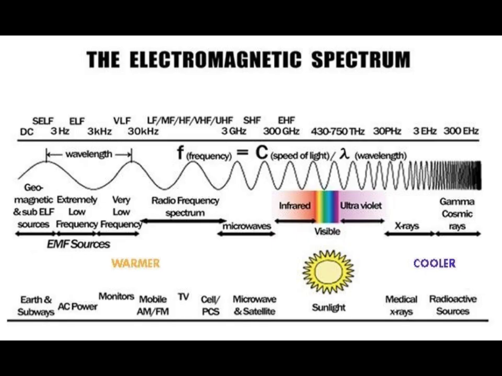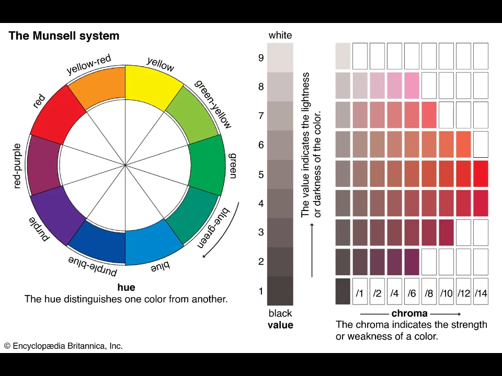Everything's moving. Everything has to have a frequency, a vibration, a sound, a light, a color. Because if it didn't, it just would not be here. You wouldn't even be able to feel it or interact with it.